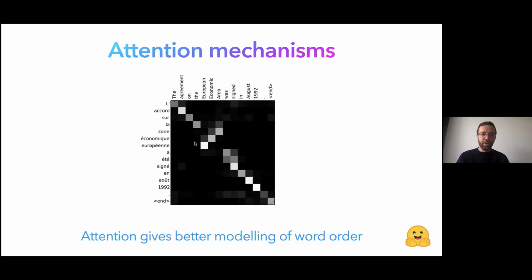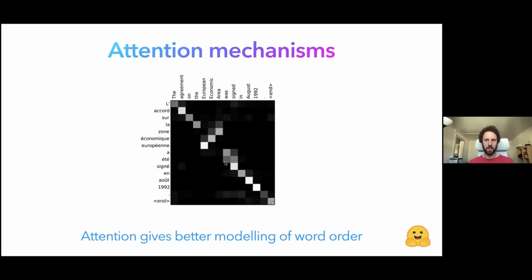But you can see here in the European Economic Area, it shifts the attention not to the one-to-one map, but to the word before or after. And similarly, you can see here, was signed is actually translated into three words, because it is signé. And you can see that the model represents that in the attention.